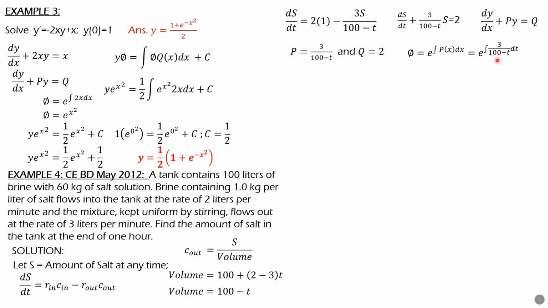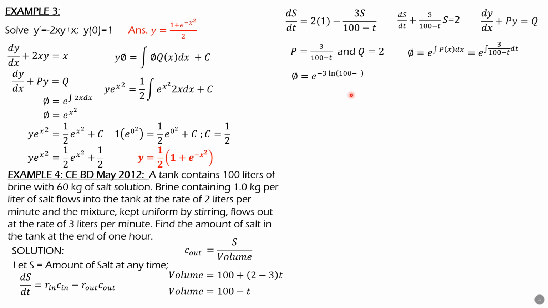So if we let u be 100 minus t, the differential is negative dt. This is positive, so we introduce a negative there, and the integral also gets a negative sign. So the integrating factor is e to the negative, so we make that negative 3 ln of 100 minus t.